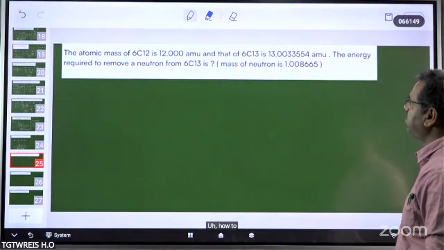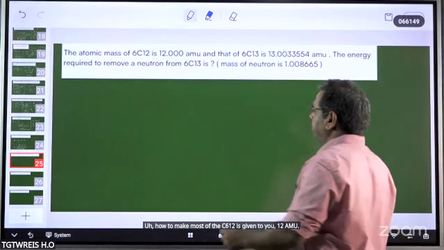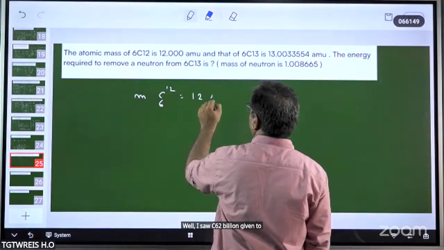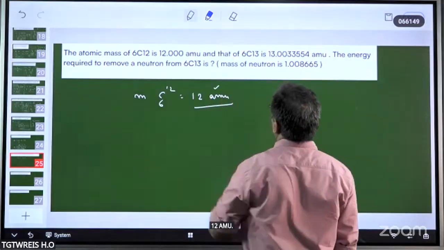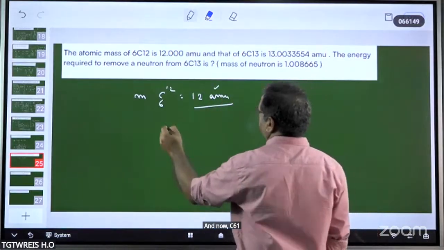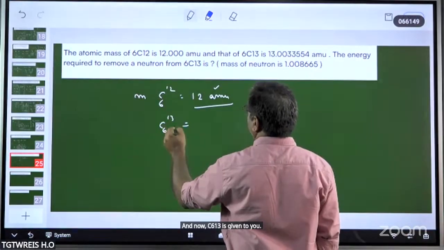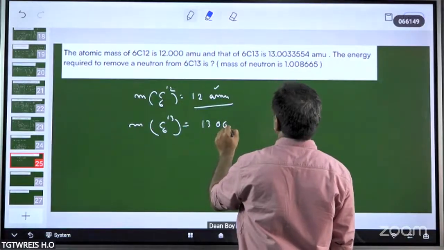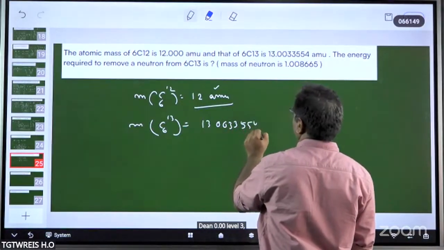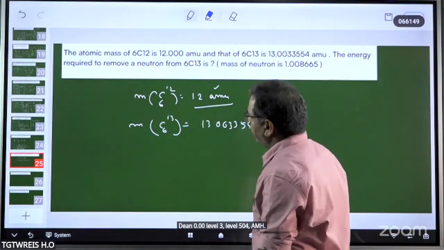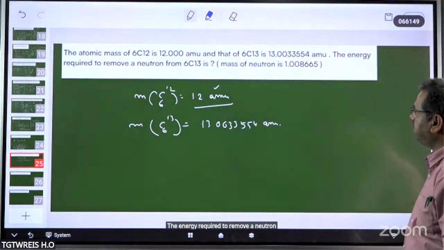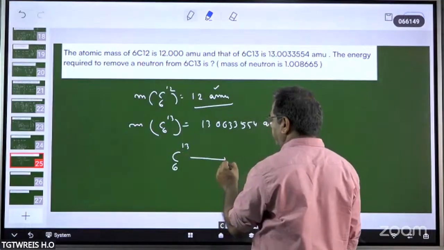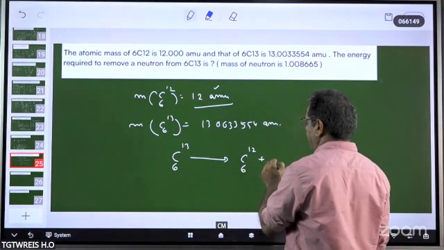The atomic mass of C-12 is given to you, 12 AMU, and that of C-13 is also given to you, 13.0033554 AMU. The energy required to remove a neutron from C-13 is equal to how much? C-13 should become C-12 and a neutron.